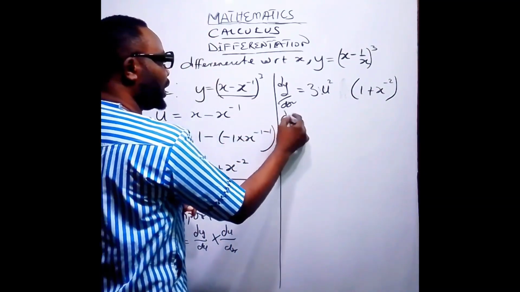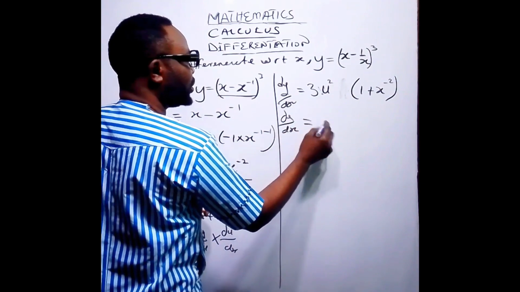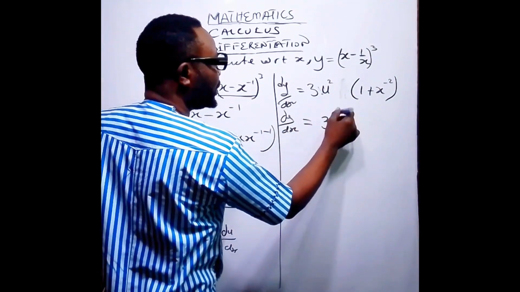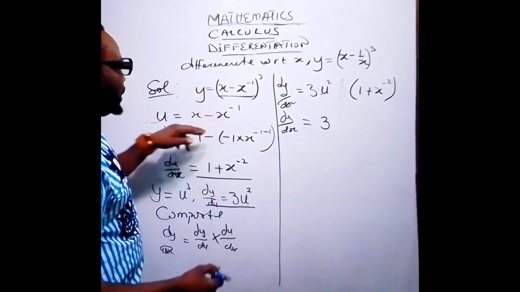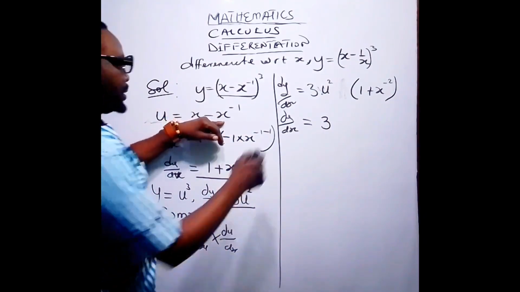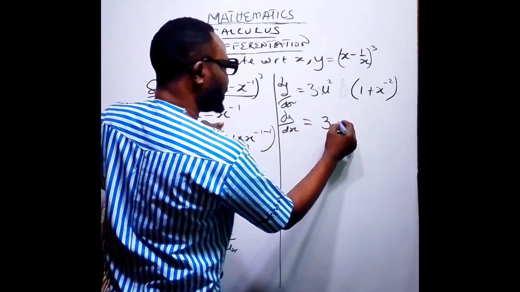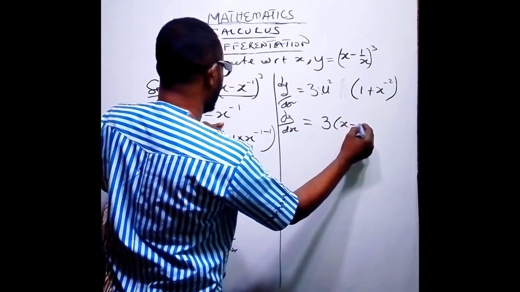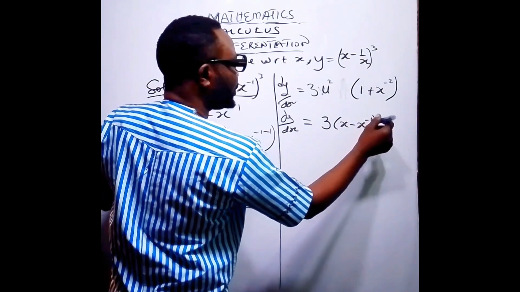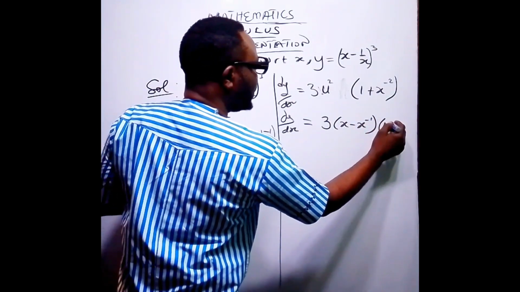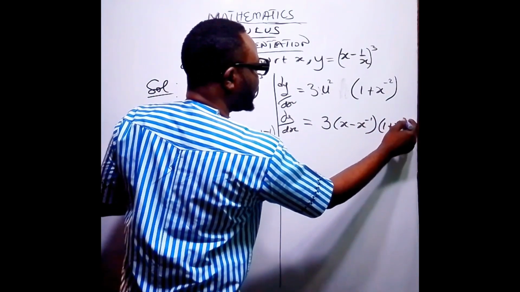So I have dy/dx to be equal to 3. What's the value of our u? It is x minus the reciprocal of x, that's x minus x to the power of minus 1, squared, then 1 plus x raised to the power of minus 2.